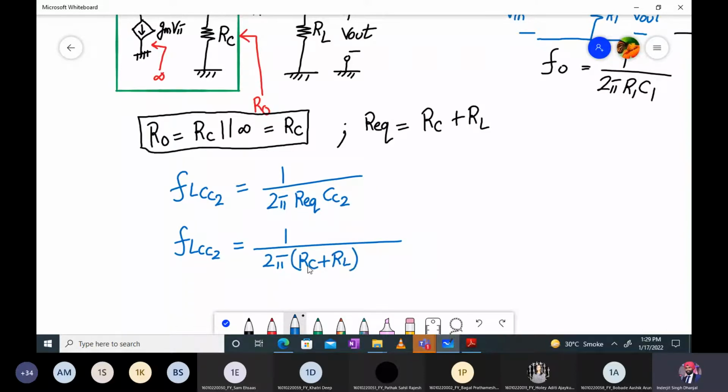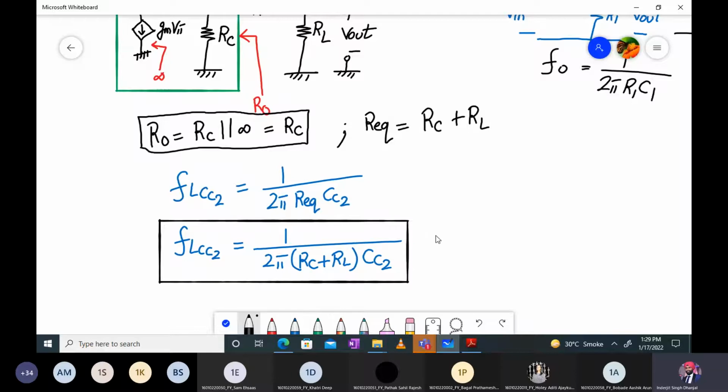So remember how we got it: RC plus RL into CC2. Okay, so this is the final formula which we got over here. And that is what we will be using as an expression. And more often RL might or might not be given. If RL is not given in the numerical, then what we have to consider?